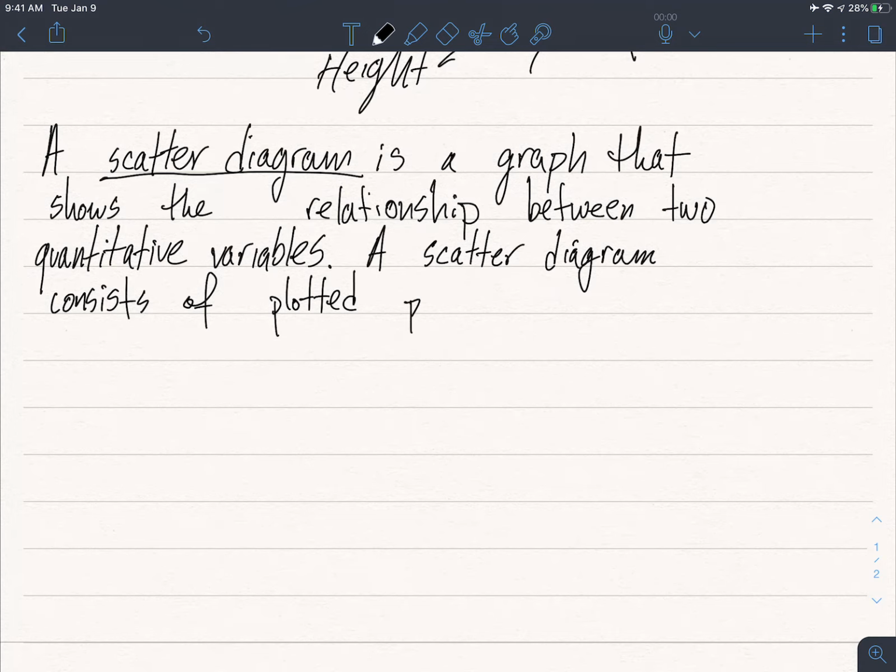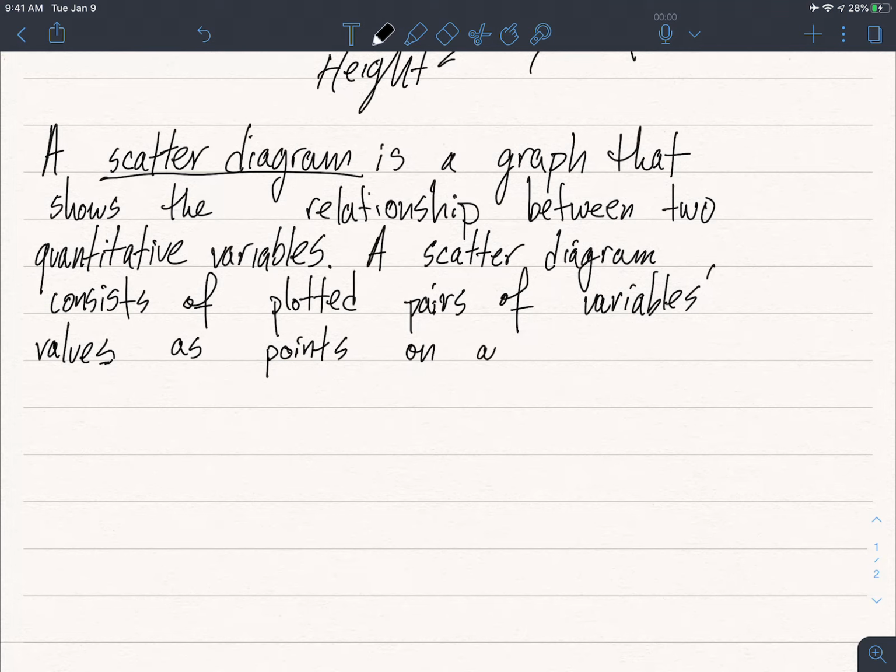Let's say plotted pairs of values as points on an XY plane. Sounds really fancy, and maybe a little daunting, XY plane.